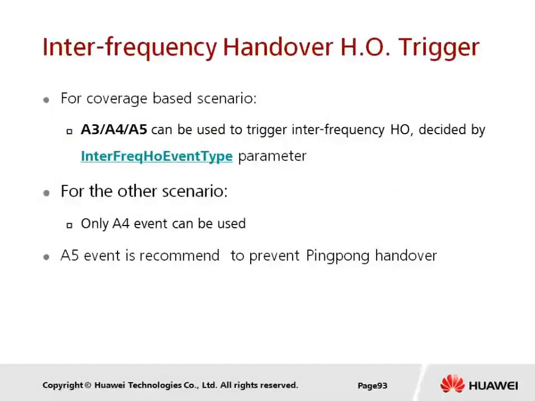When the user is in the measurement gap, the user is constantly measuring the other frequency or IRAT. For the coverage-based scenario, the reporting mode could be selected from A3, A4 or A5. But for the other scenarios, only event A4 is used, and event A5 could also be considered, where A5 includes A2 plus A4.